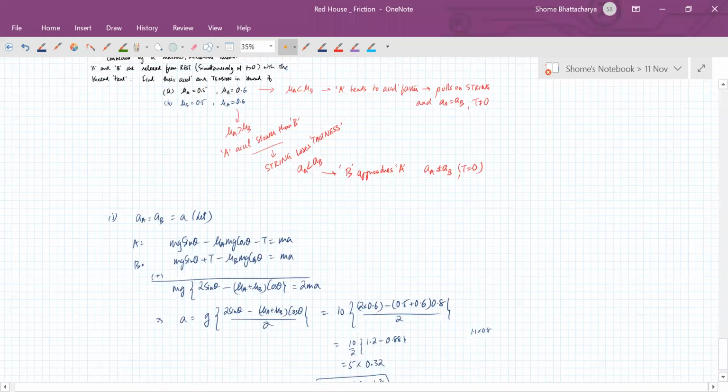And when you finally solve, this gives a equal to 1.6, and when you put it in this equation you will get the tension also. I'm not solving for the tension, you can complete that later.